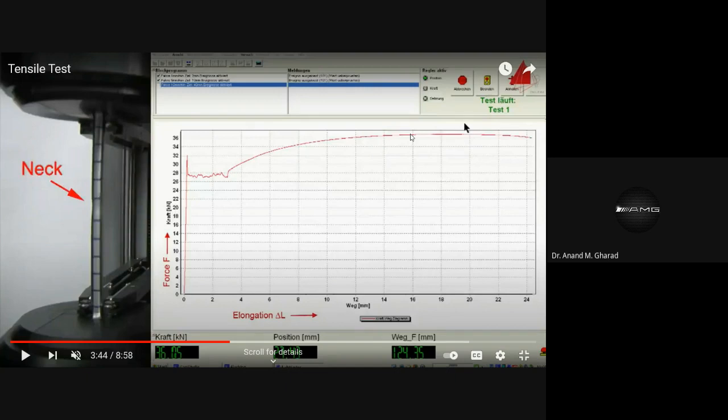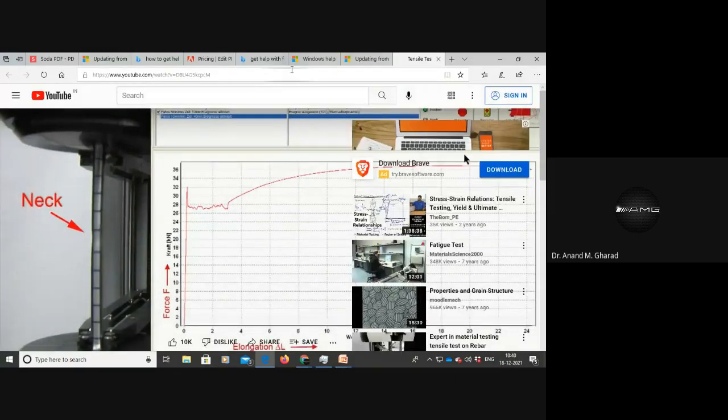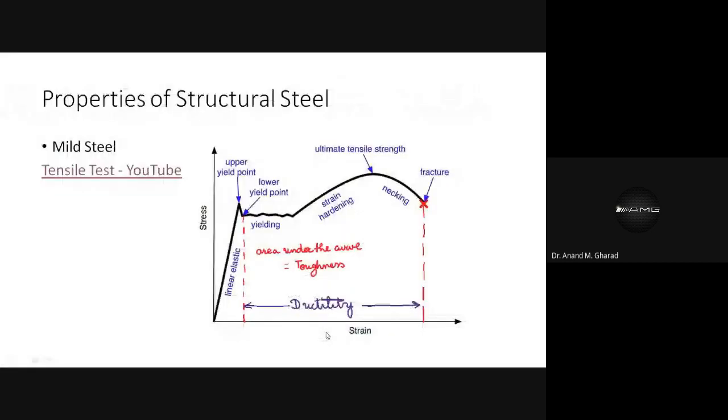Okay? So I will come back to this figure. Over here, as you can see, this property, which is known as ductility, is the ability of any material to yield, to deform inelastically, or undergo inelastic deformation before failure.